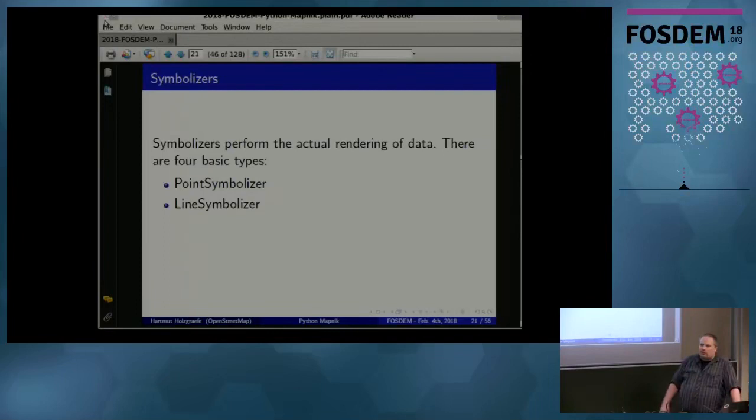So for example, if you want to draw a road, you may want to draw it in yellow and have small black lines at the side to distinguish them from the background. That's what the line symbolizer can do. Then we have the polygon symbolizer that draws and fills areas in a given color and style. And we have the raster symbolizer that just puts raster image data from the input side into the output side.